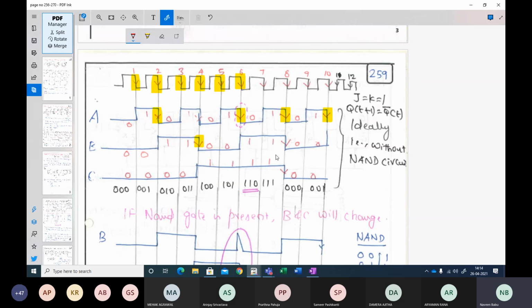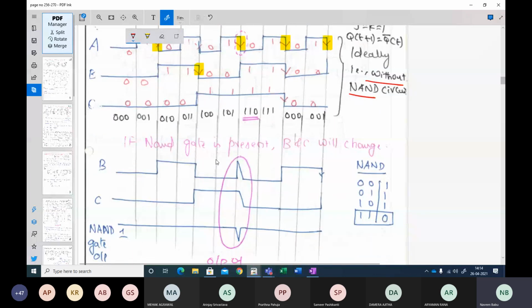If you don't have this NAND circuit, this is how your input sequence will keep on continuing. Please see here, ideally without a NAND circuit, this is what will continue. But since we have connected a NAND circuit and we are clearing our inputs, you see here that whenever it is 110, it is 1 1, in fact, you are resetting it.